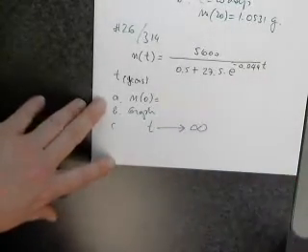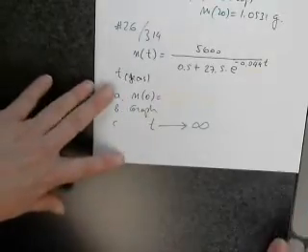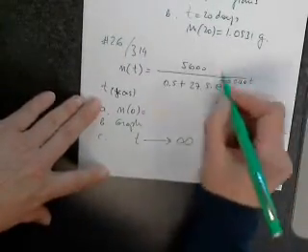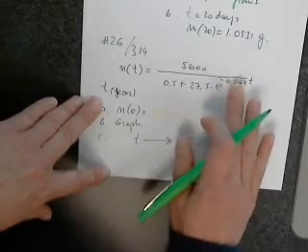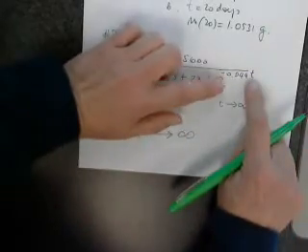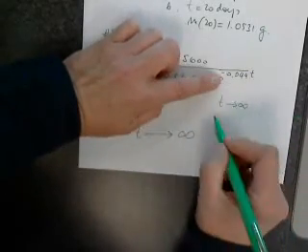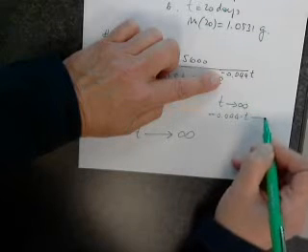Exactly. Of course, we cannot say infinity, but we mean a lot. So let's decompose the denominator. I'm talking about the denominator right now. When t approaches infinity, what does negative 0.044 times t approach?